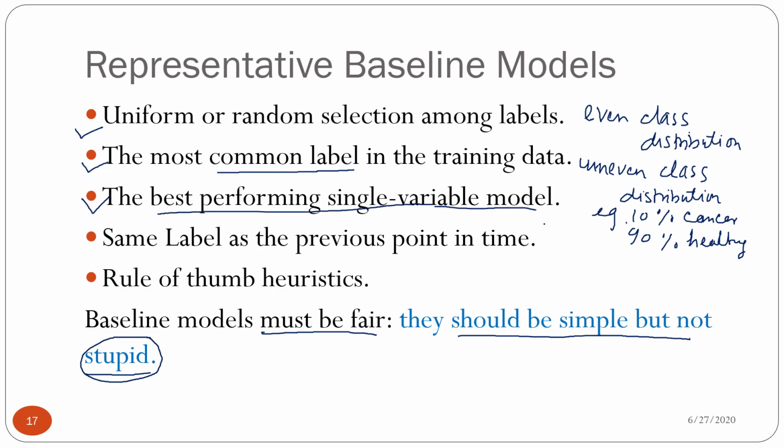Now the third one is the interesting one, which is the best performing single variable model. What does it mean? It's a very interesting suggestion about what could be a baseline model for comparison. Assume that you have 30 variables in your data set, and ideally you would like to include all 30 in your modeling.